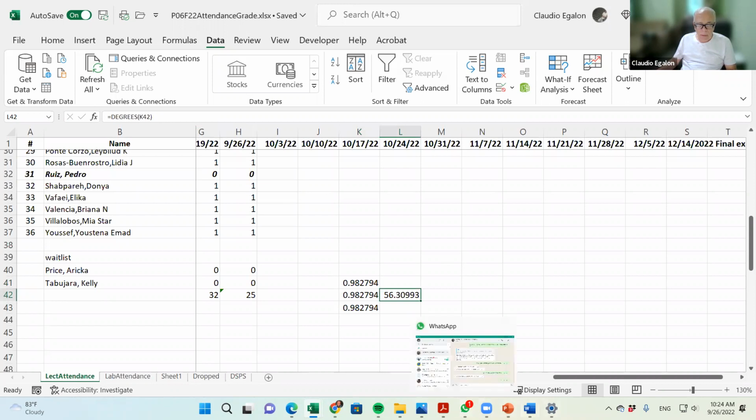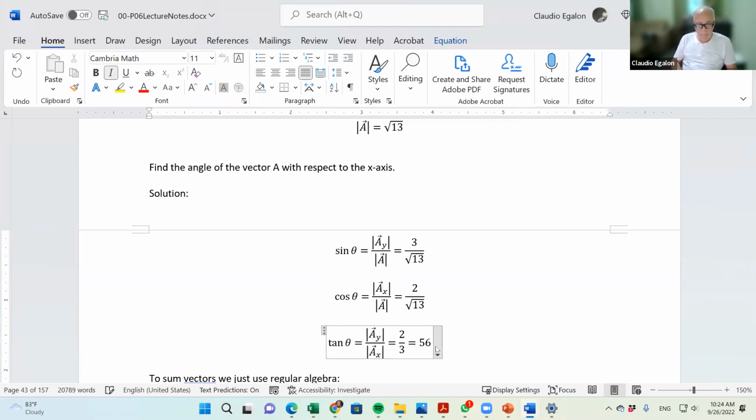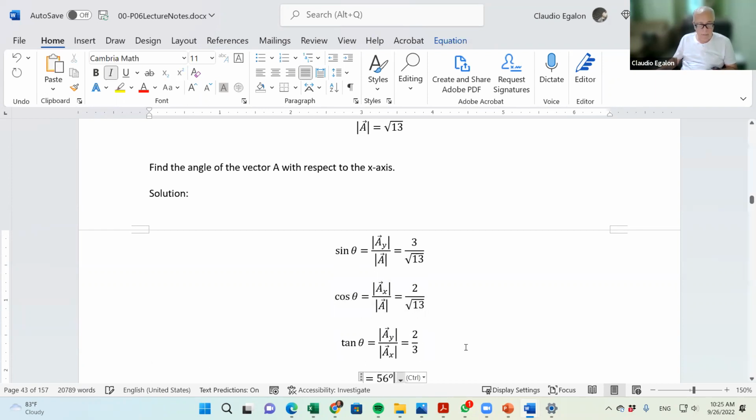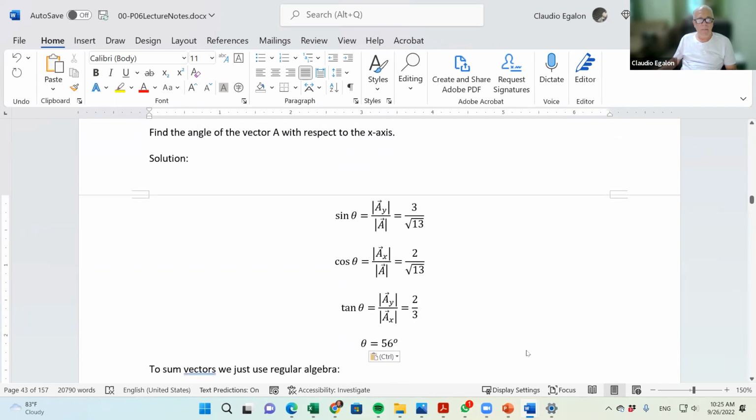What you see here is 56 degrees. Oh, nope, that's not how we do it. The way you do it, like that. You do theta equal to 56 degrees, right? Theta equal to 56 degrees.